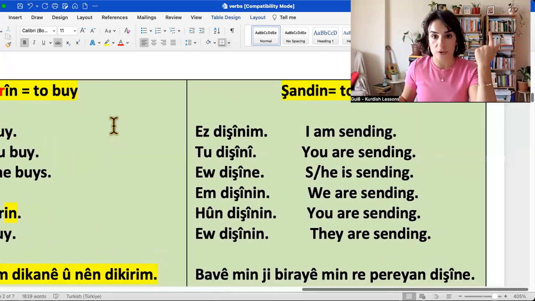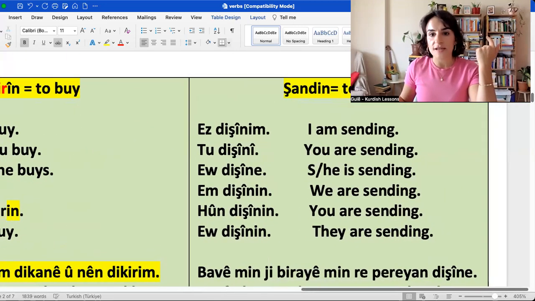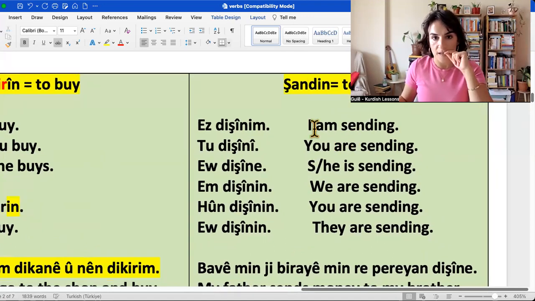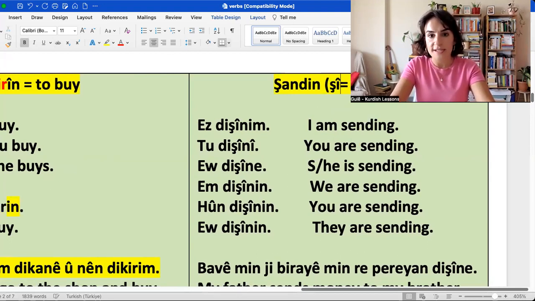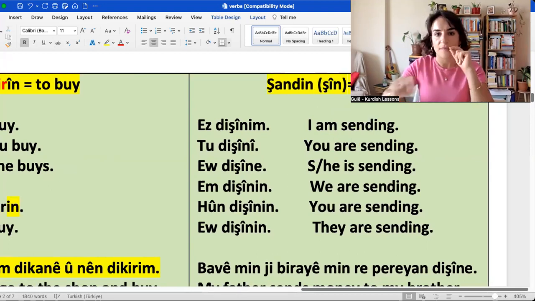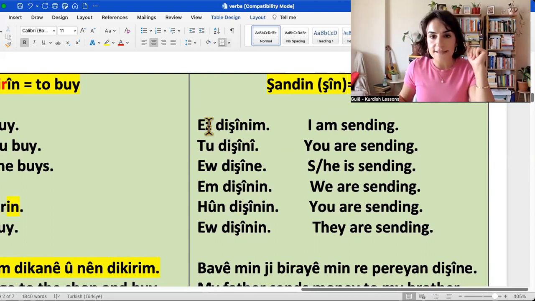It was karin, to buy. And shandin is to send. So the present stem is shin. Okay? So as the shin, do the shini, the shine, the shinen.